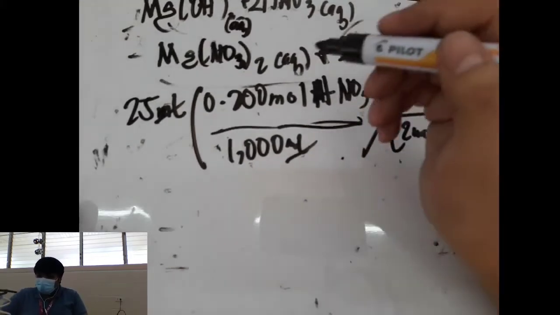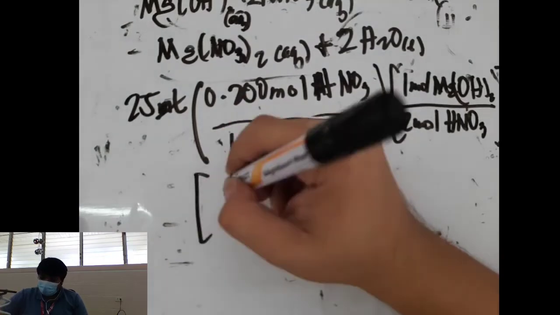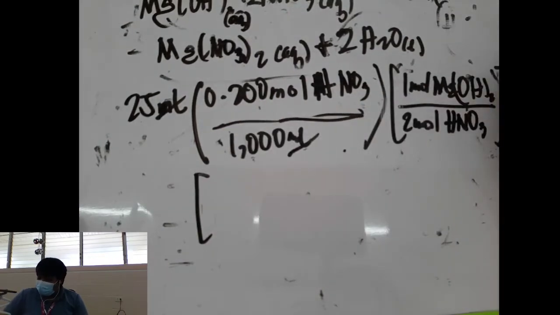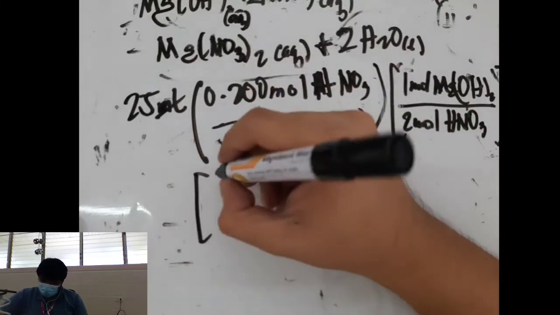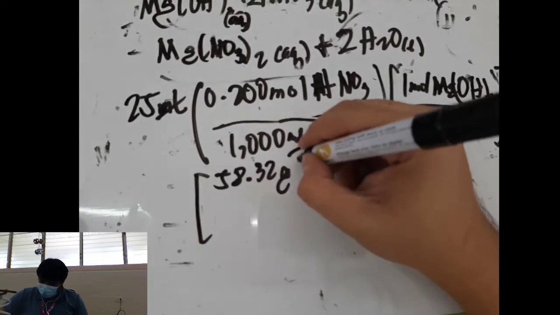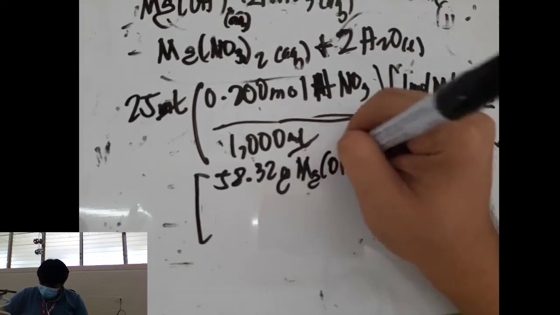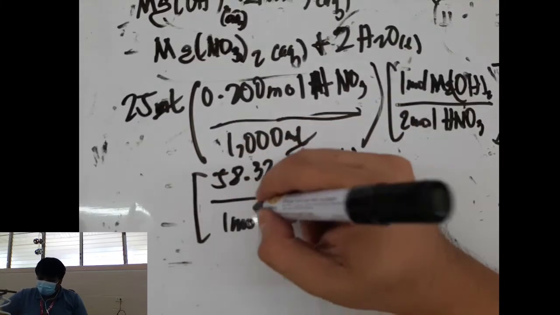Then, since the given for magnesium hydroxide is in grams, we convert this into grams using its molar mass, 58.32 grams of magnesium hydroxide per 1 mole.